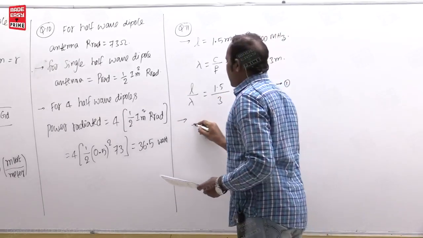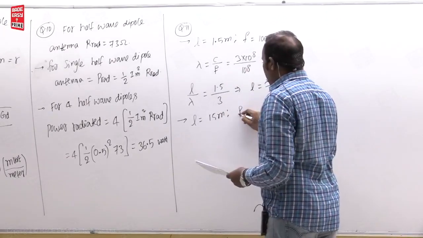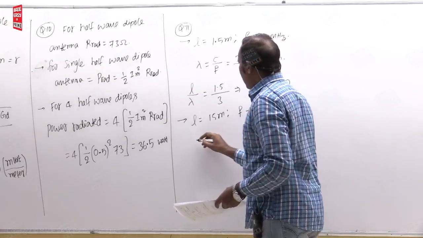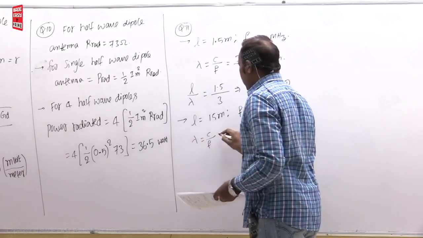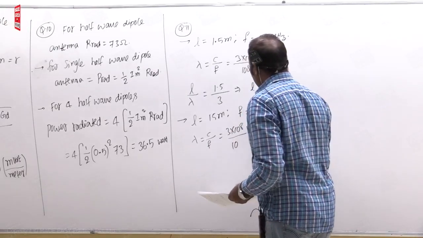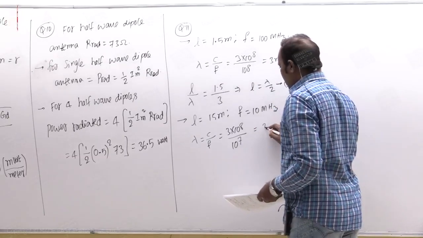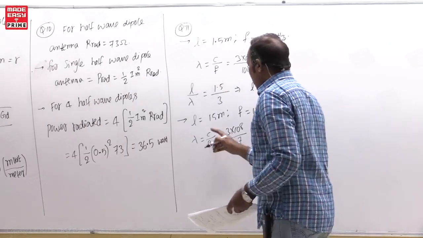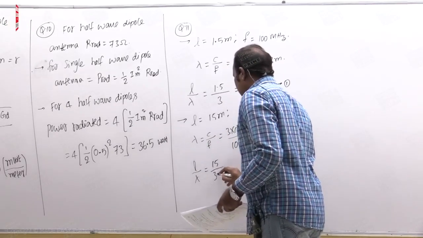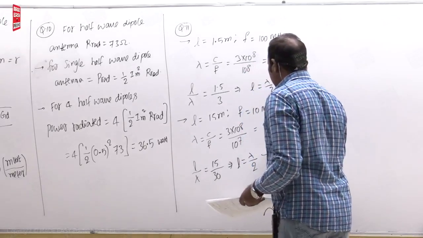And for the second case, length of the antenna is 15 meter, and frequency is 10 megahertz. So from this information you find lambda, that is C by F. C is 3 into 10 to the power 8, F is 10 into 10 power 6, which is 10 power 7. So lambda you get 30 meter. Now L by lambda is 15 by 30, that implies L is equal to lambda by 2 once again.